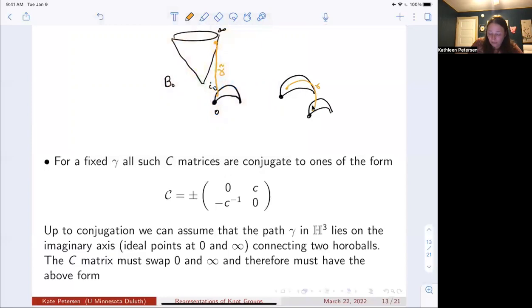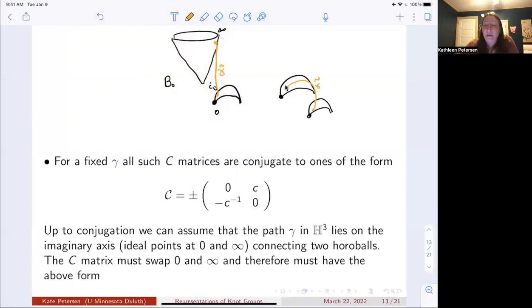And so this would be a perfectly lovely, but not as useful, lift of a crossing arc gamma. But we can find a deck transformation that preserves bananas that takes this banana to the best banana and this banana to the second best banana.